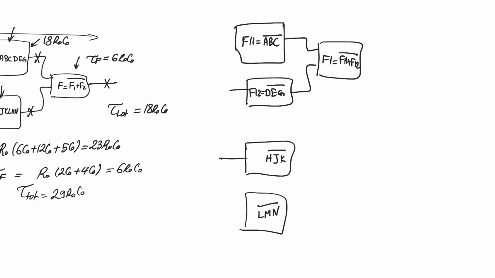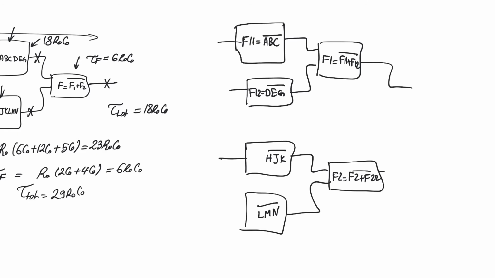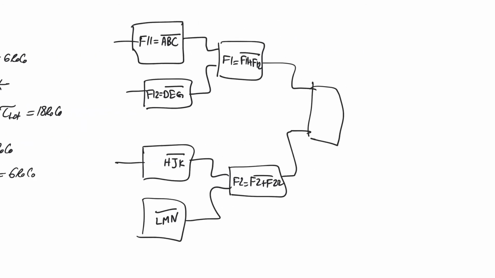And so forth. So for these 2 gates, they're going to be combined into F2, which is F21 plus F22 all bar. And then finally, we can combine these into F. The final F is equal to F1 plus F2 all bar, right?